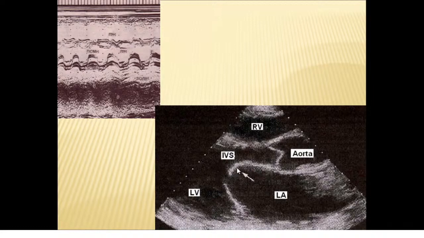You can assess the structure of the heart valves, and if you look at this graph, you see that the heart is fixed during the diastolic period, because the mitral valve is open and blood can go from the left atrium into the left ventricle, and the aortic valve is closed to prevent abnormal blood flow, to prevent regurgitation.